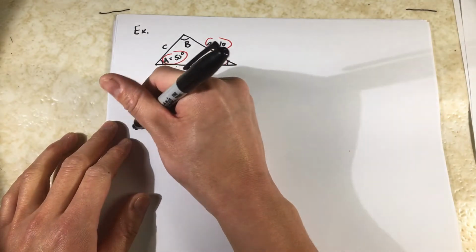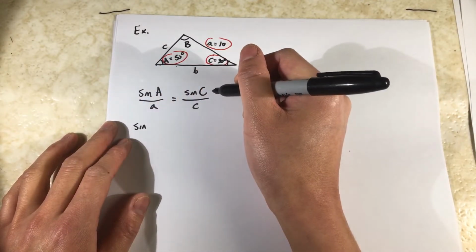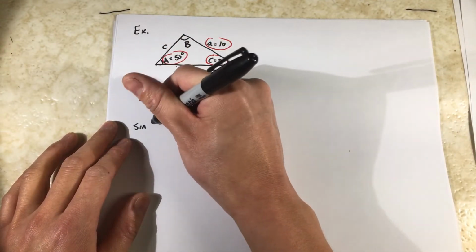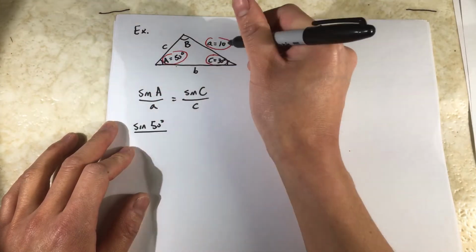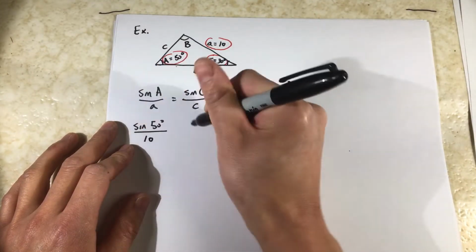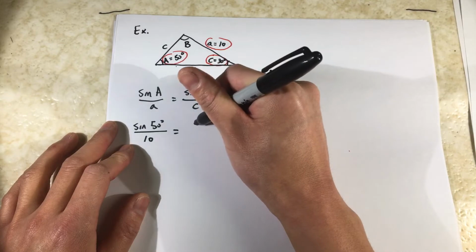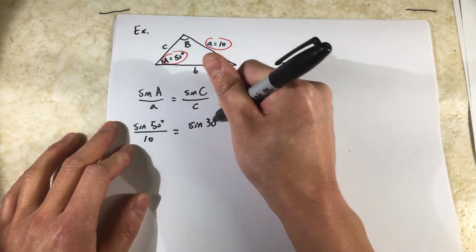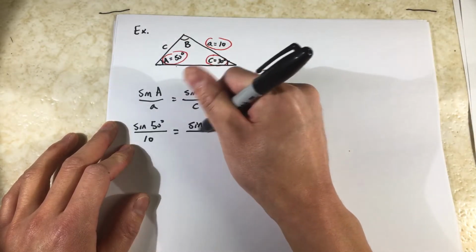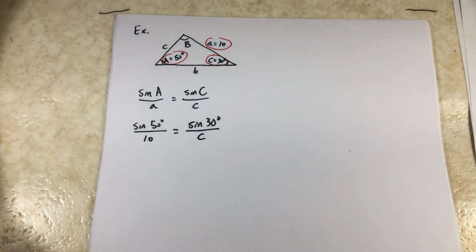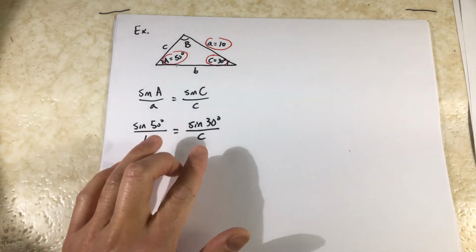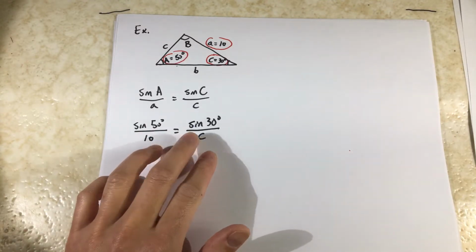So this is sine of 50 degrees divided by a, which is 10, equals sine 30 degrees divided by c. All right, so you have to solve for c. There are a couple of different ways you can approach this. Basically, you could cross multiply.